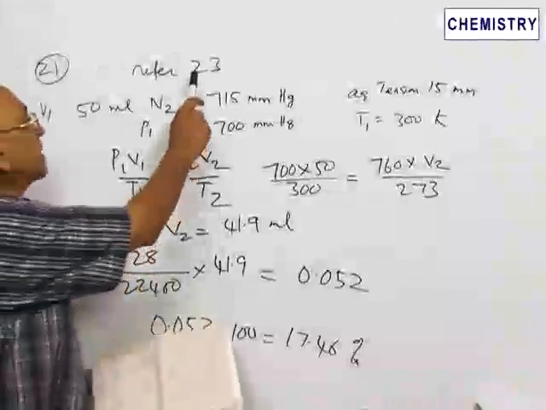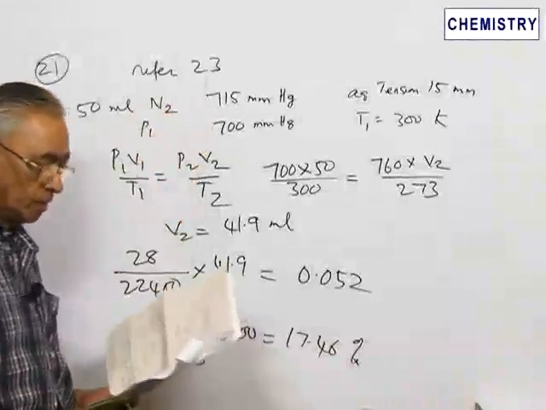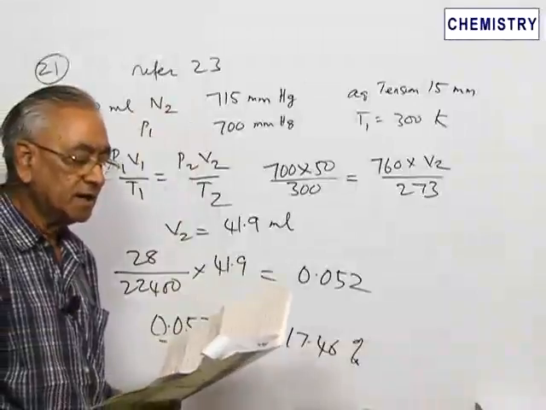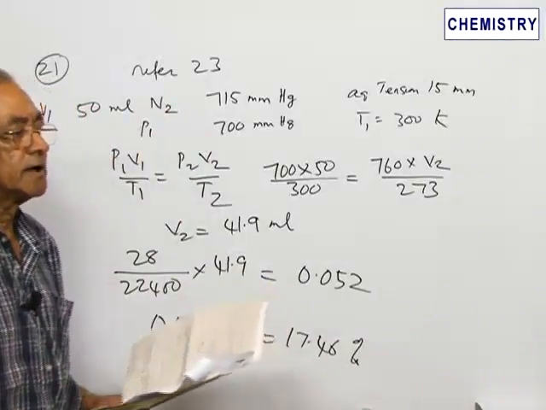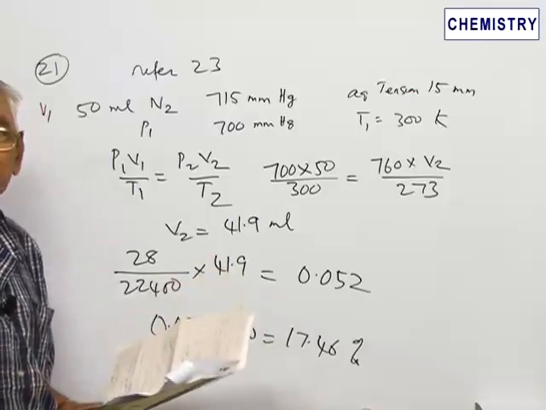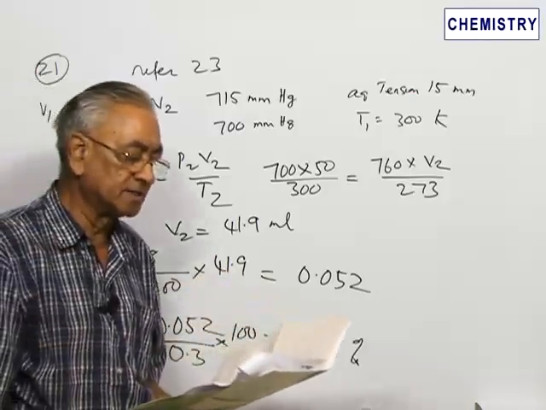Now refer to question number 23. Question number 23 relates to a problem of the estimation of nitrogen by means of Dumas method.